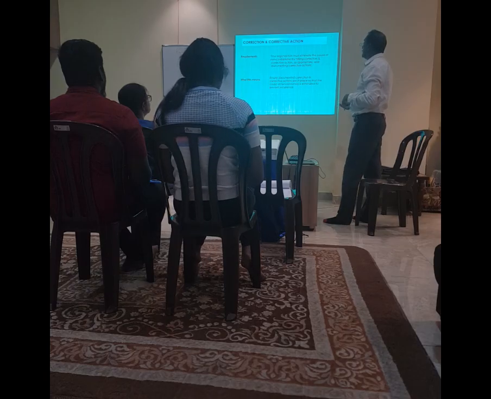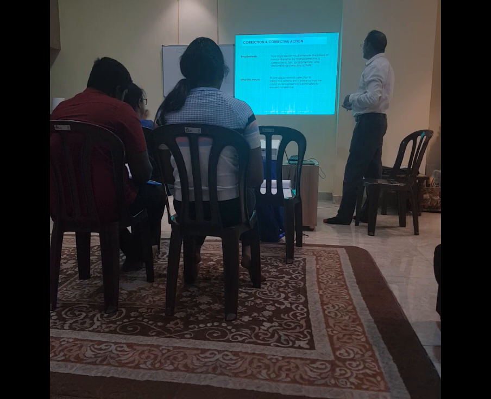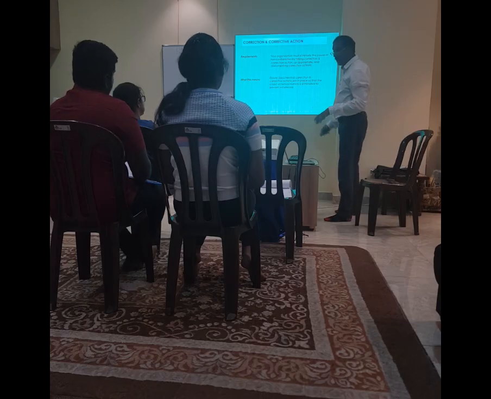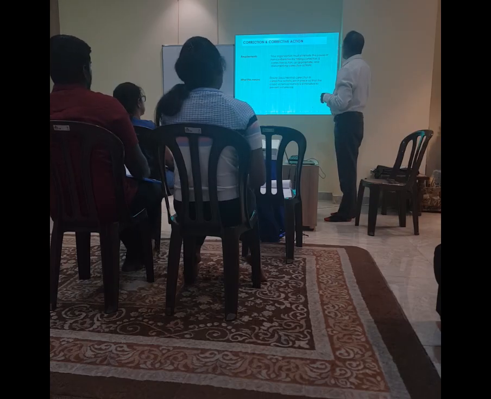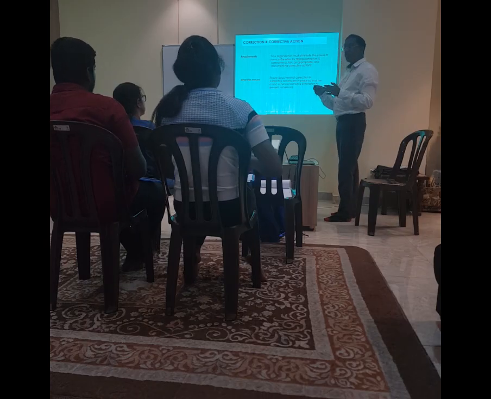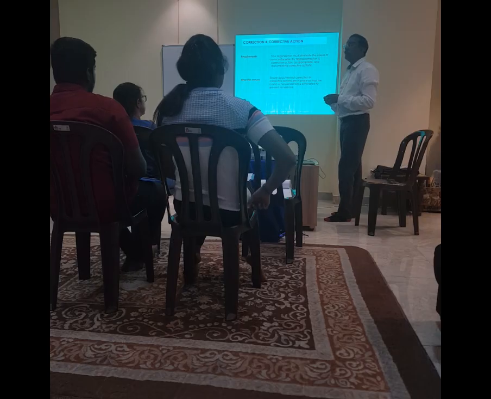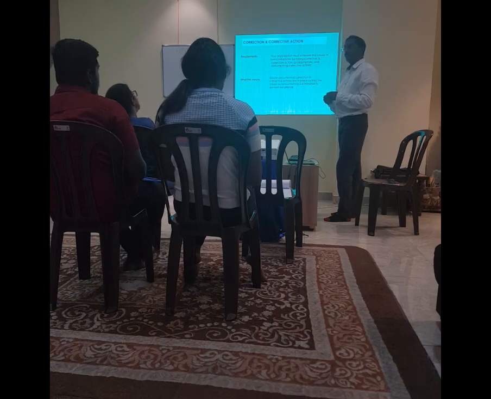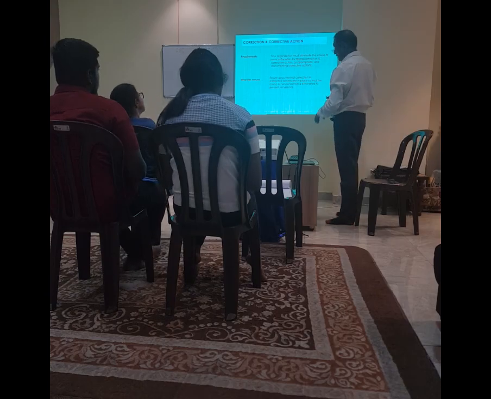What does this mean? Ensure documented corrections and corrective actions are in place so that the causes of non-conformity are eliminated and recurrence is prevented. Always, when you take a correction, it must be foolproof. That means it shouldn't happen again.